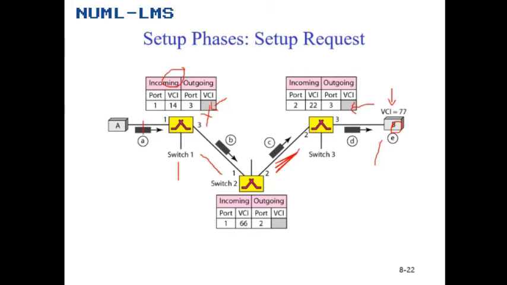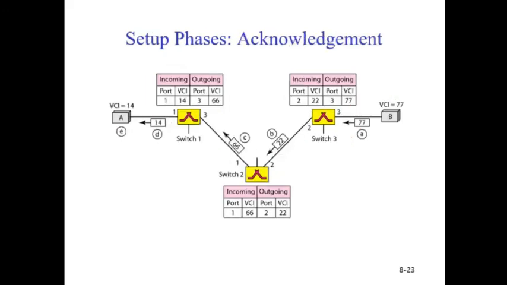So now to fill up this last part of the table, let's talk about acknowledgement. A special frame called the acknowledgement frame completes the entries in the switching table as shown in the figure. You can see this being filled up here. The destination sends the acknowledgement to switch number 3. The acknowledgement carries the global source and destination address, so the switch knows which entry in the table is to be completed.